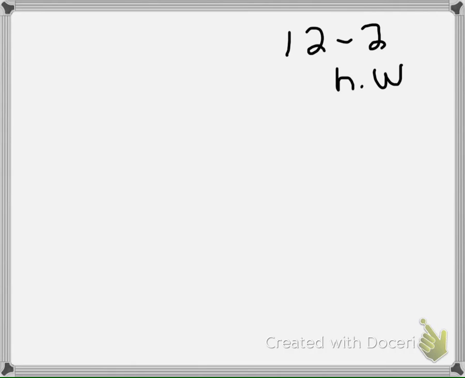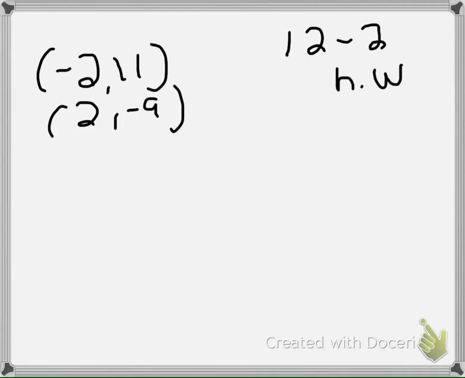So the first thing is make sure that you have your paper 12-2 homework. And let's write down these first two ordered pairs. We have -2, 11. And we also have 2, -9. Now I just want to remind you before you shut off the video, you need to find two things. The first thing you need to find is the m, and you find the m by dividing the change in y by the change in x.